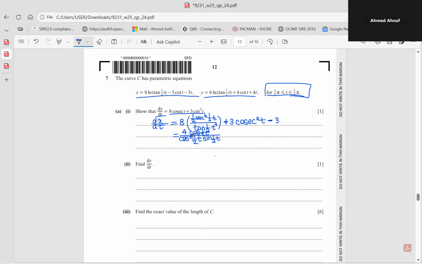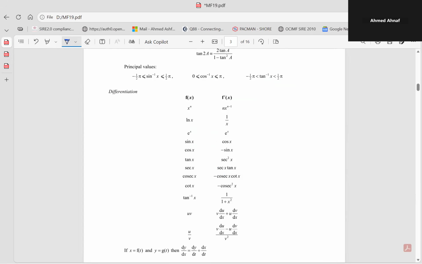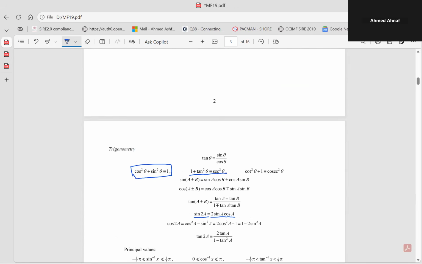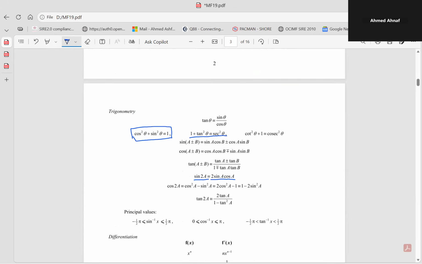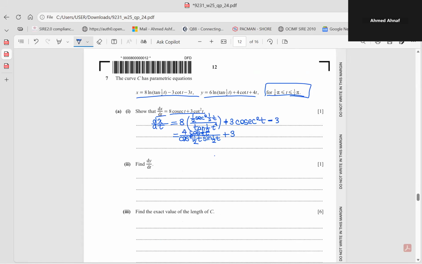Then cosecant square t is 1 plus cotangent square t. And then 3 is just 3. So this final expression we have is cos half t sine half t for the first one.